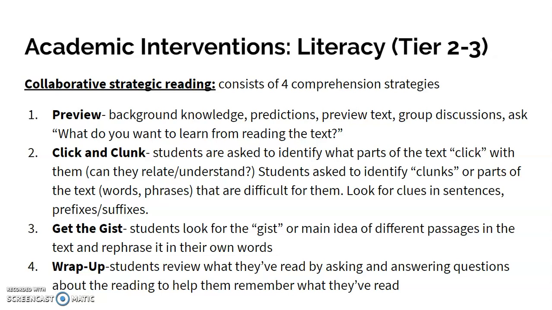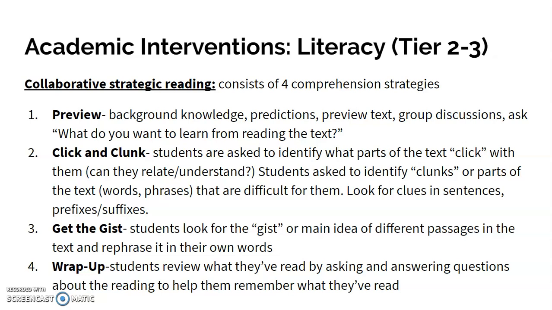The second part of the collaborative strategic reading strategy is click and clunk. So students here will identify parts of text that are difficult. If you meet someone and you click with them, you feel a connection with them. You can explain to students that here they are to identify parts of the text that click for them, whereas a clunk is something that feels like you're running into a brick wall.